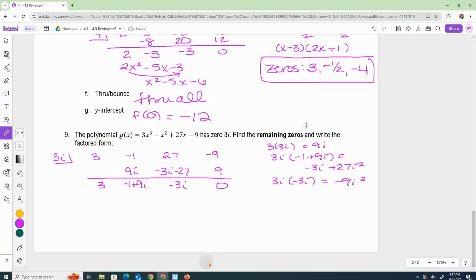What do we do now? Multiply it by, or divide it by something else, divide it by a negative 3i. Yes, because imaginary zeros come in pairs. If you have 1, the conjugate works. And this time all the i's should disappear.